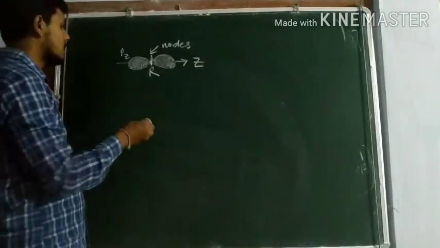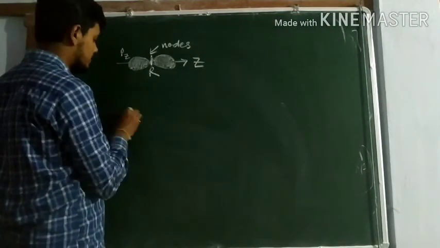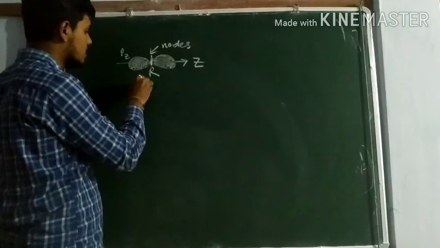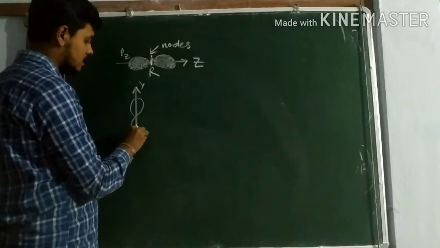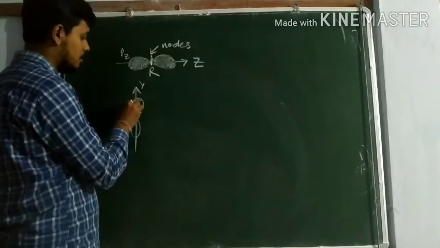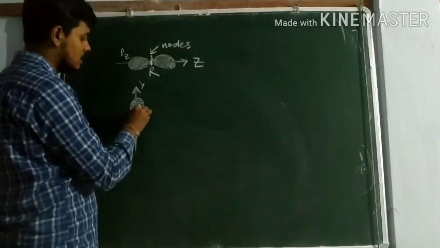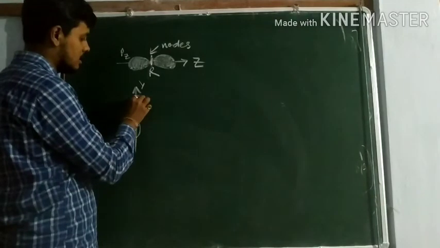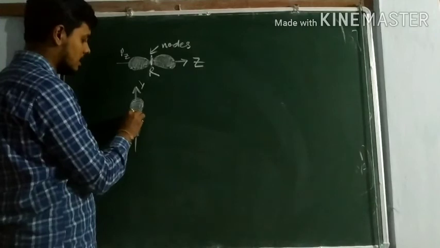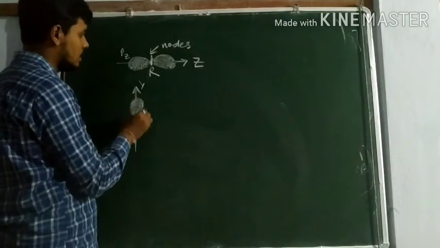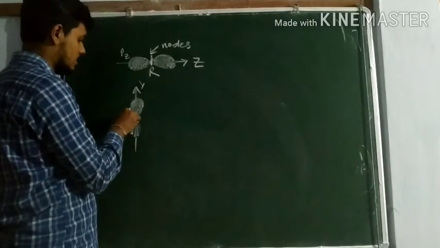Similarly, if I see the py orbital, this is the y-axis, the py orbital will be along the y-axis, and similarly the probability of finding electrons will be along the y-axis. Okay, so along this axis we will get electrons, and at this particular point, which is a node, we won't get any electron.